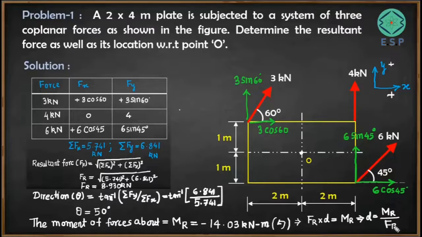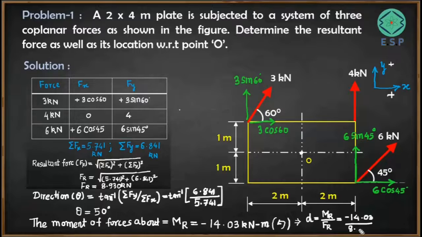This expression will give you the distance of the resultant force with respect to point O. The distance is nothing but the resultant moment divided by the resultant force. The resultant moment is minus 14.03 and the resultant force is 8.930 kilonewton.